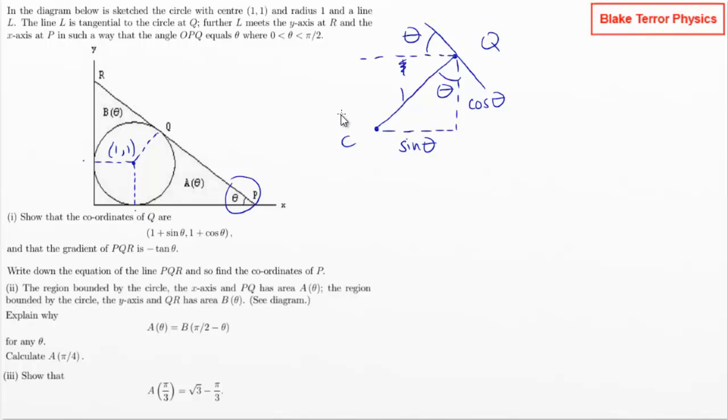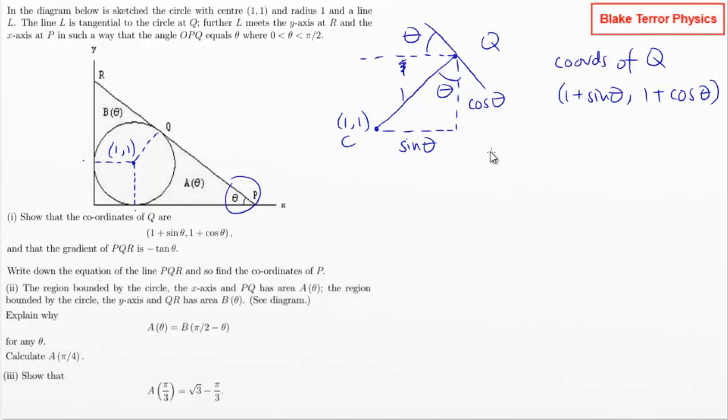And C is at (1, 1). So this diagram now says it all. We can say the coordinates of Q are exactly what they want: 1 plus sine theta for x, and 1 plus cos theta for y. Now we need the gradient.